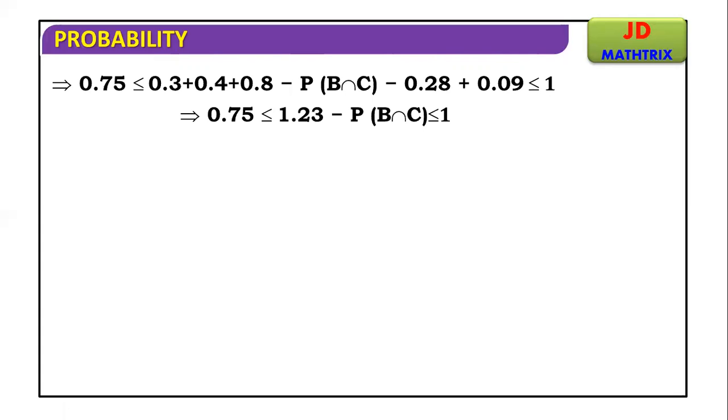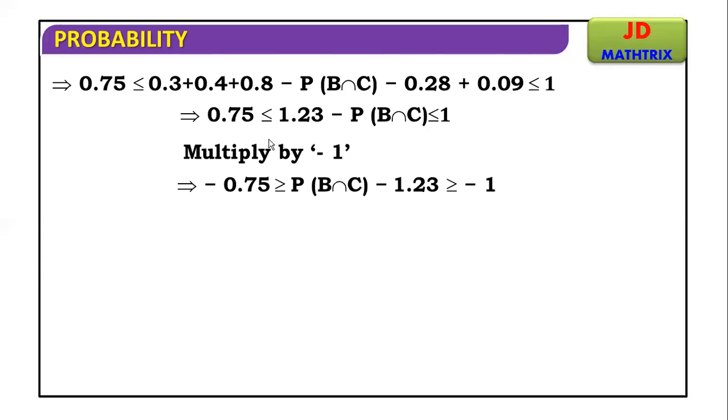But we want to find P of B intersection C. So by multiplying with minus 1 throughout the inequality, we get minus 0.75 greater than or equal to. By multiplying with the negative sign, the inequality will be reversed. That is, greater than or equal to P of B intersection C minus 1.23 is greater than or equal to minus 1.